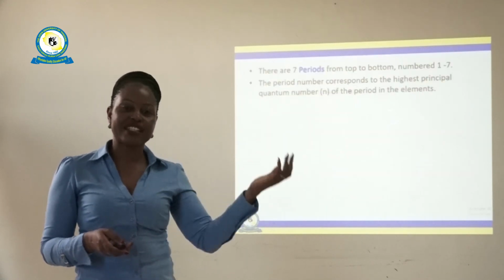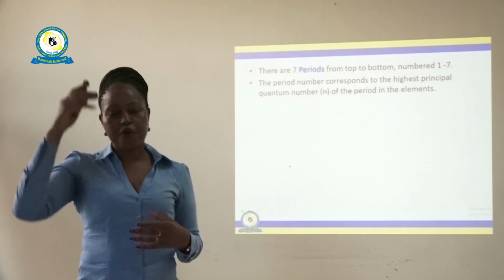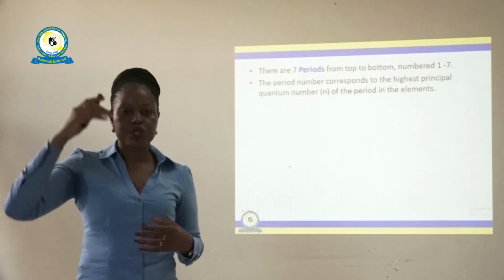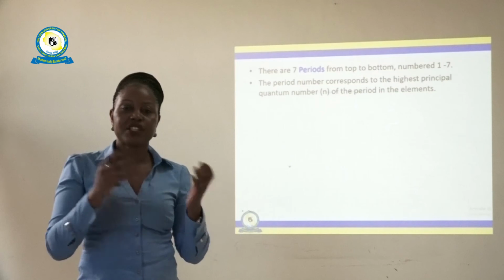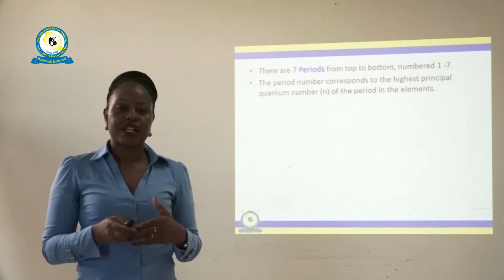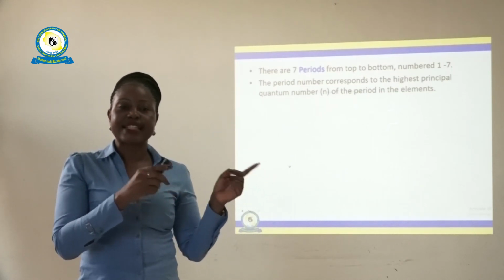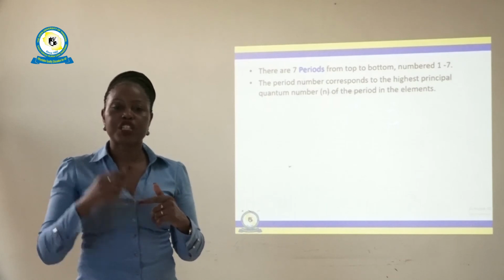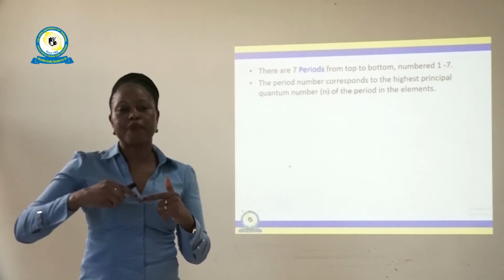We noted that there are 7 periods from the top of the periodic table to the bottom, numbered 1 to 7. We noted also that the period number corresponds to the highest principal quantum number.